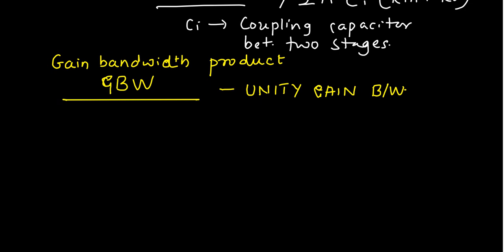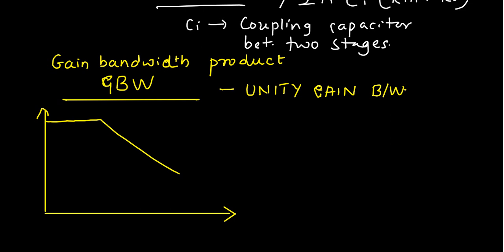Now we have to go back to our frequency response curve, something like this. I have f here, then it is your ACL or AOL into beta, something like that.